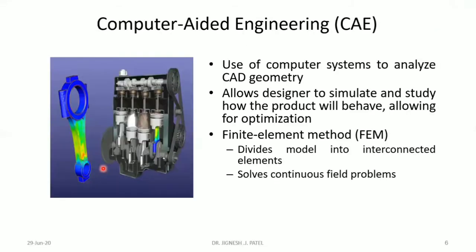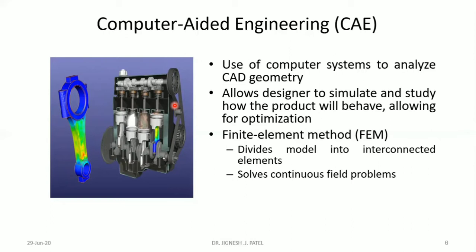Now, computer-aided engineering. Computer-aided engineering means the use of computer systems to analyze the CAD geometry. Whatever model we prepare in the computer-aided design software, that model will be analyzed in computer-aided engineering.